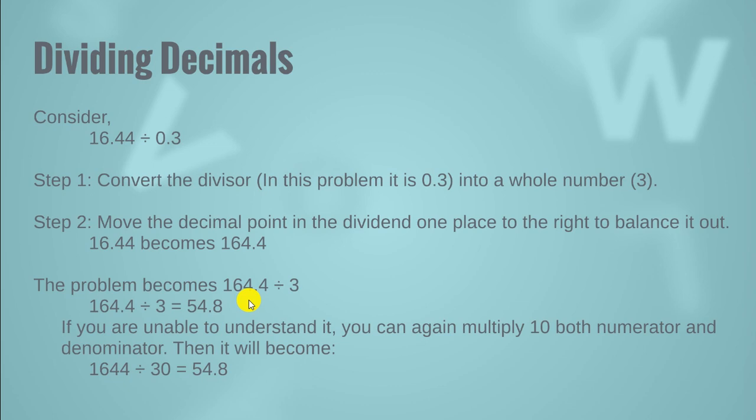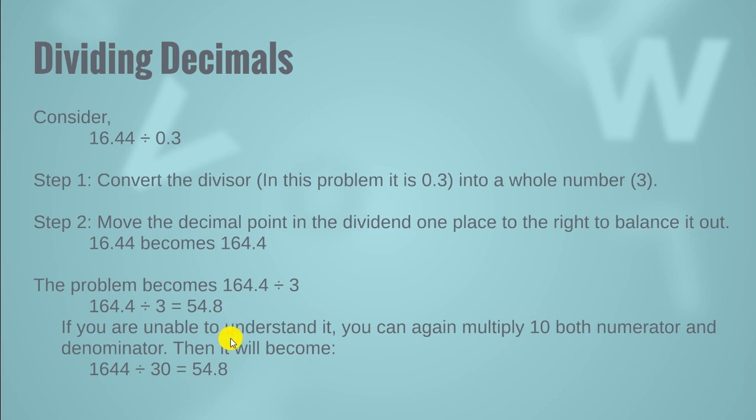Here we can see the problem becomes 164.4 divided by 3, which gives us the answer 54.8, and we can get this answer from the method I told you in my first lecture related to division.